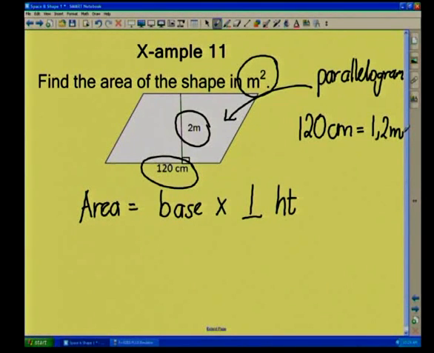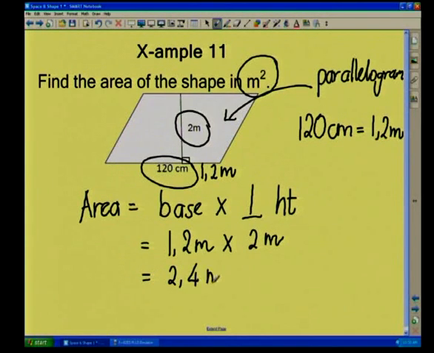And so I now know that my base is 1,2 meters, and I'm going to times that by my perpendicular height, which is 2 meters. 2 times 1.2 is 2,4 meters squared.